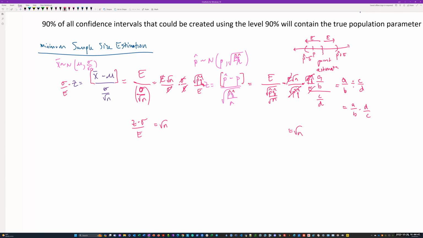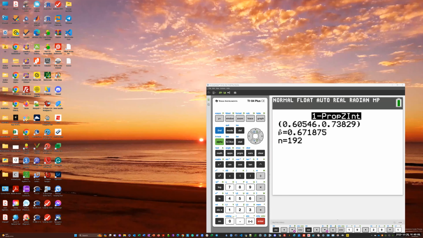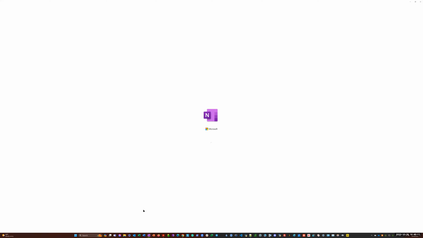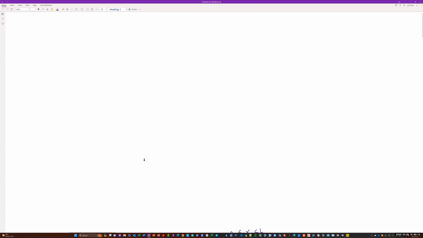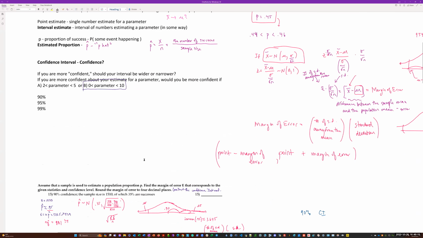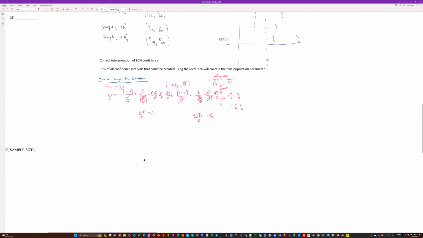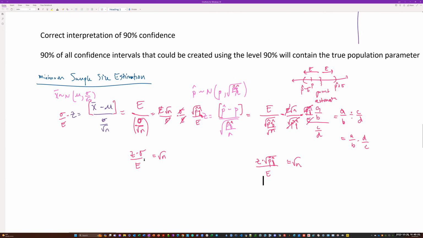Then you would end up with square root of n is equal to z times square root of p hat q hat over E. Okay? Now my thing stopped working, so I have to restart it. Okay.